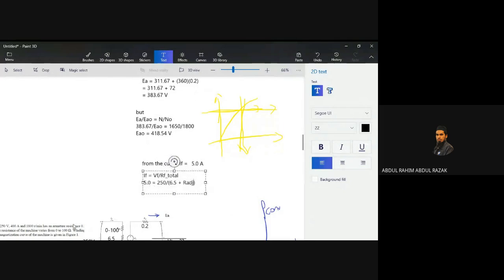So now let's find the R adjustable, which is how much? The R adjustable to get 5.0 ampere.